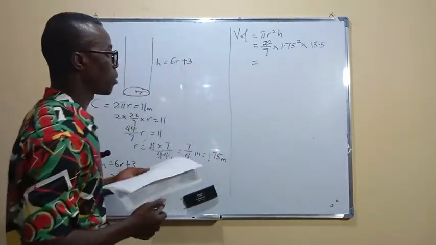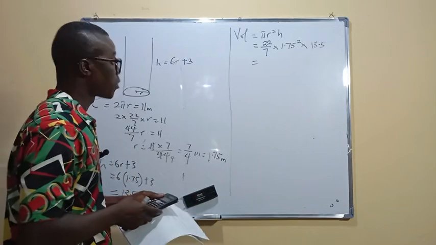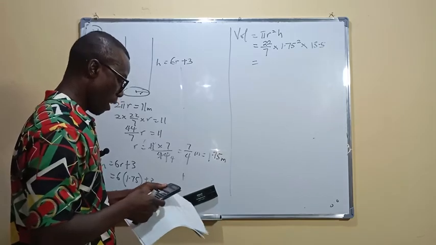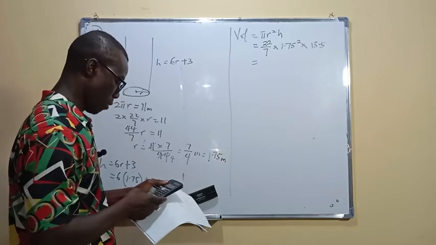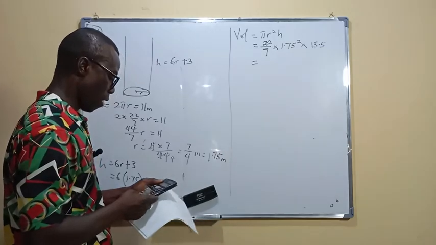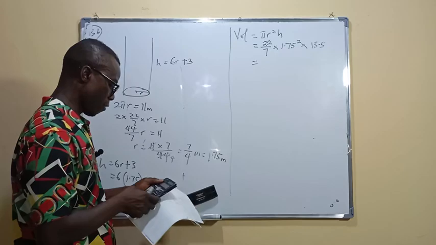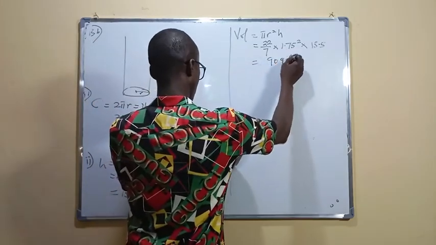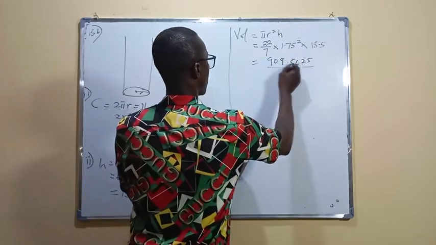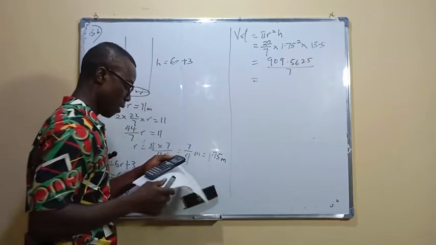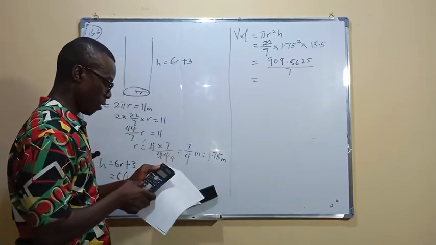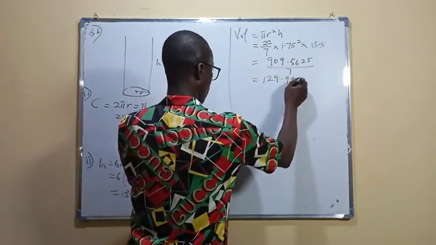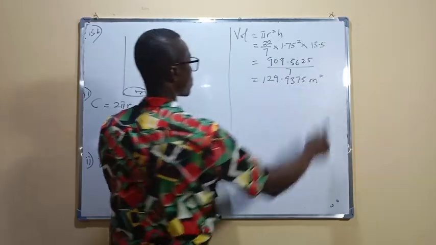And when we do the math there, we have 22 times 1.75 squared and then times 13.5. That gives us 909.5625, divided by 7, and that gives 129.9375 meter square.